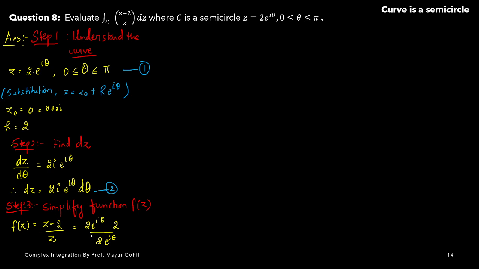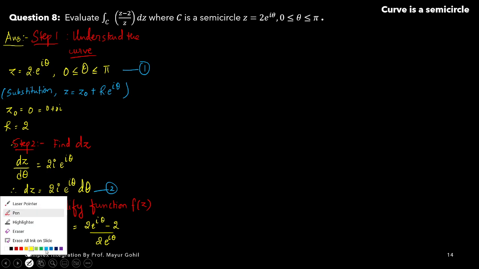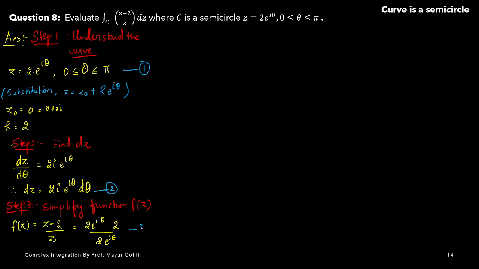And we got this because we are substituting z equals 2 e to the power i theta from the given equation number 1. We'll call this equation number 3.